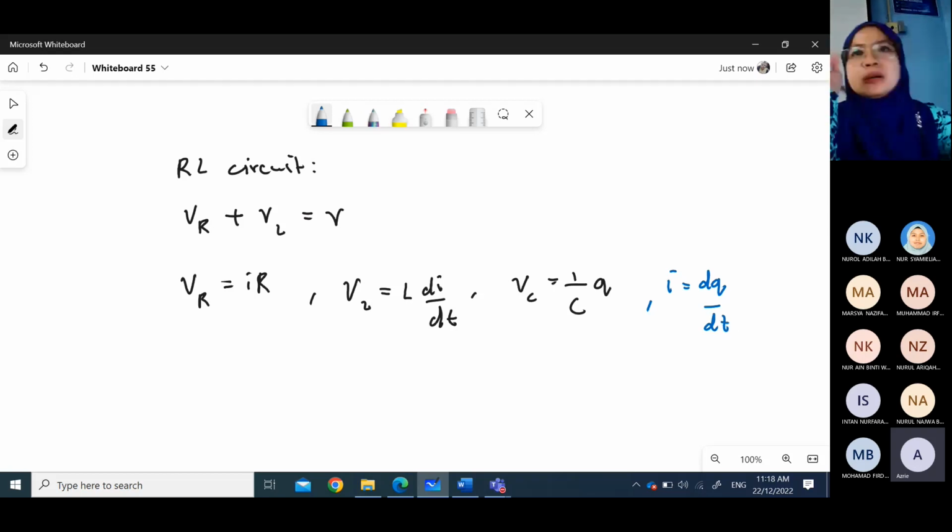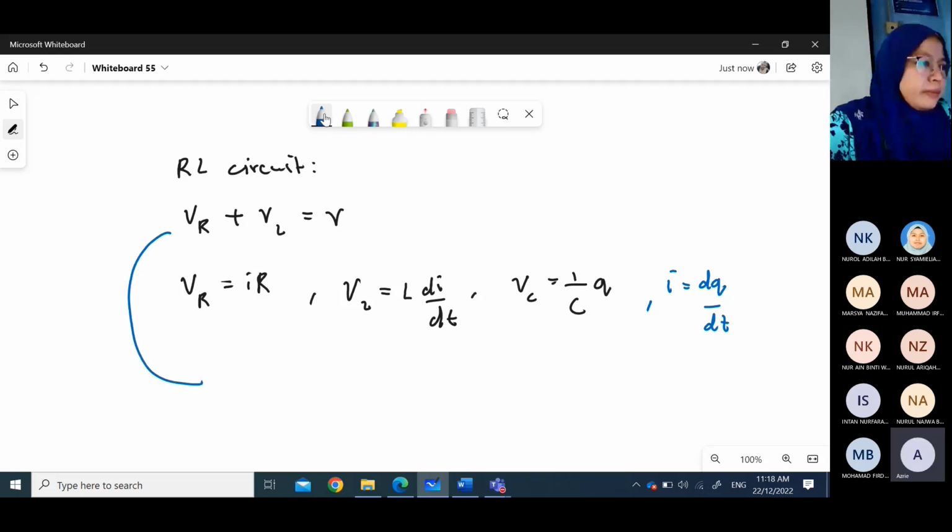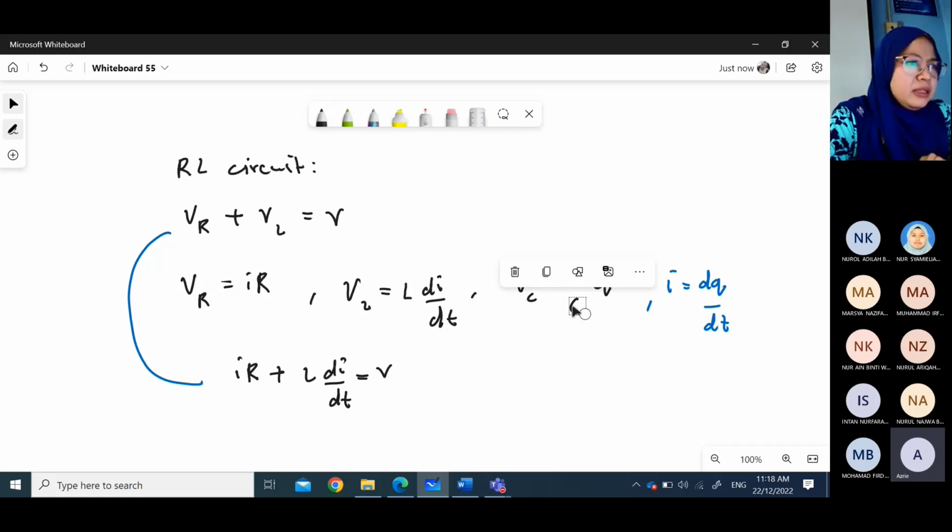So when we talk about this RL circuit, the equation is VR, which is IR, plus L di dt, and then plus the total of voltage, or total of energy.